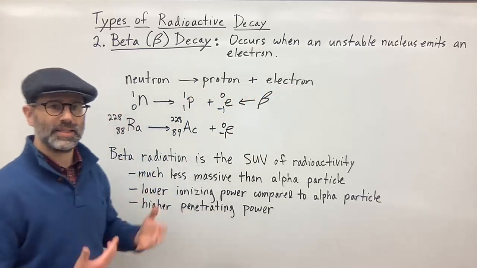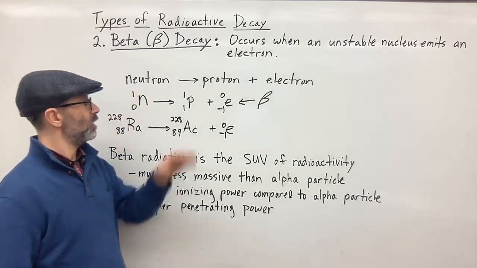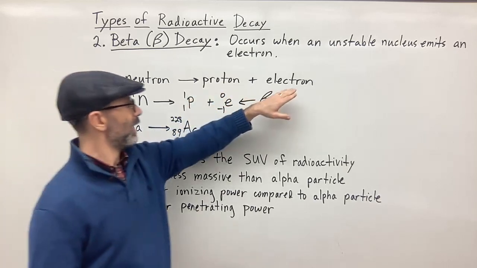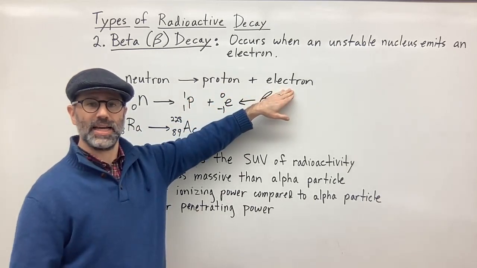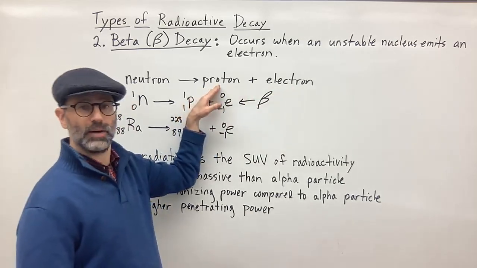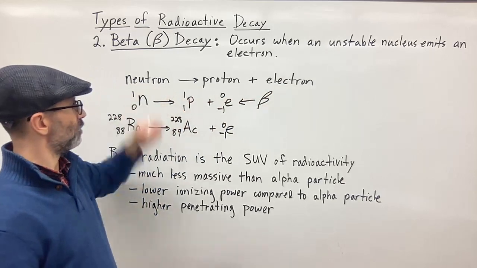And that makes sense because we know that the neutron has zero charge, the proton has a positive charge, and the electron has a -1 charge. So we have -1, +1, you add 1 to -1, and you get 0, right?